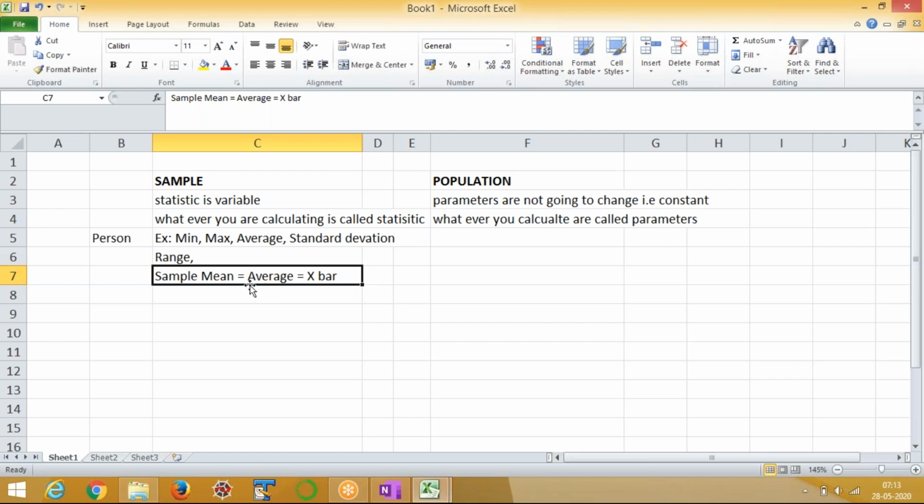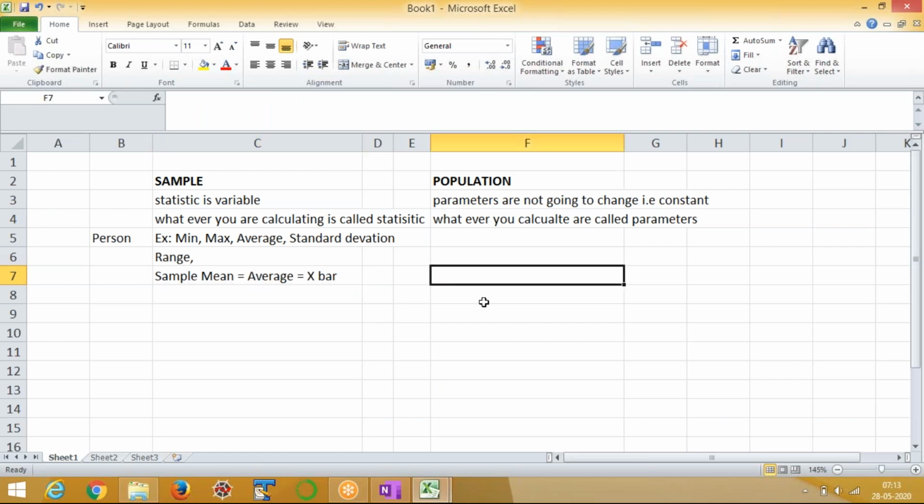Yeah. If I calculate the same average on the population, I will call it population mean. I'm not calling it average here, I will call it mean. Both average and mean do the same kind of work: sum of values divided by total number of values. Agree? That is how you calculate the average. But the term average is used on the sample data, and the term mean is used on the population data.